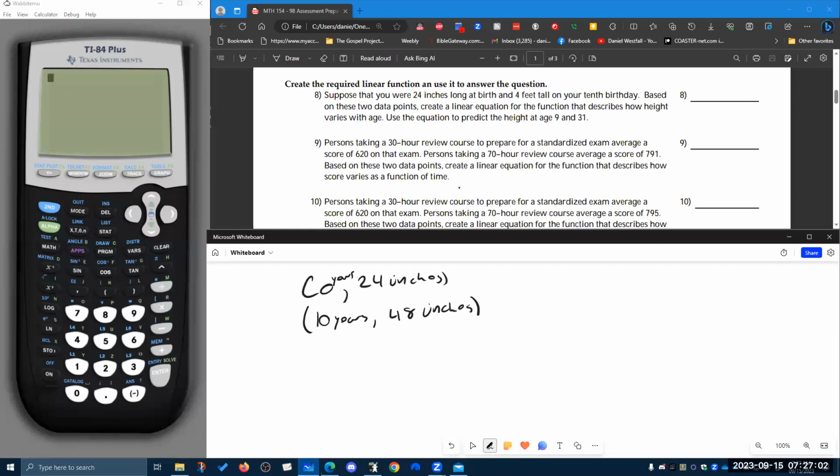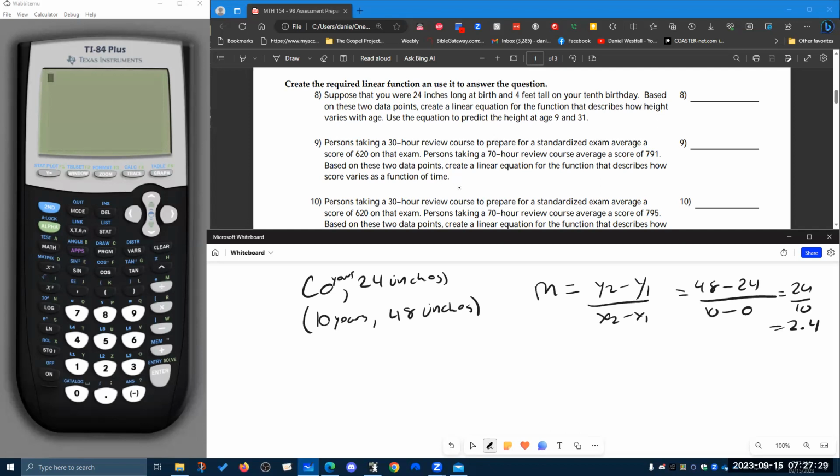Okay. Based on those two data points, create a linear equation. So we're going to have to find the slope. The slope is y2 minus y1 over x2 minus x1. And that's going to be 48 minus 24 over 10 minus 0, which is 24 over 10, or 2.4.